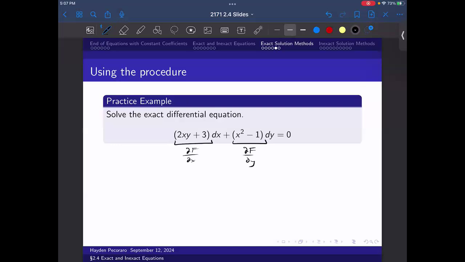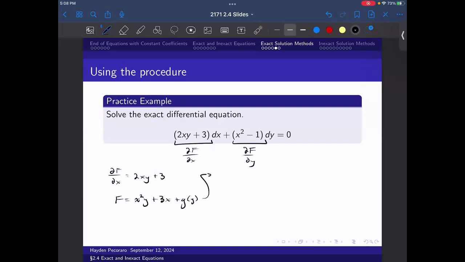All right, so if we have df dx, and by the way, I'm giving you that this is exact. You don't have to check it here. Is 2xy plus 3. I take an x antiderivative and I get x squared y plus 3x plus g of y.